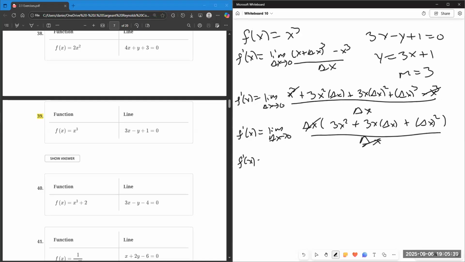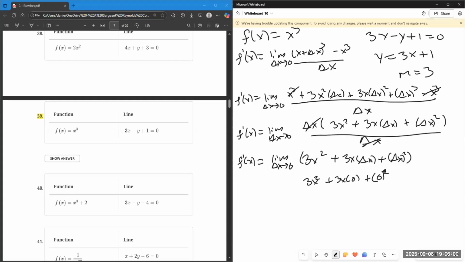F prime of x is the limit as delta x goes to 0 of 3x squared plus 3x delta x plus delta x quantity squared. So that's going to be 3x squared plus 3x times 0 plus 0 squared, which is 3x squared plus 0, or 3x squared for my function, and that's correct.